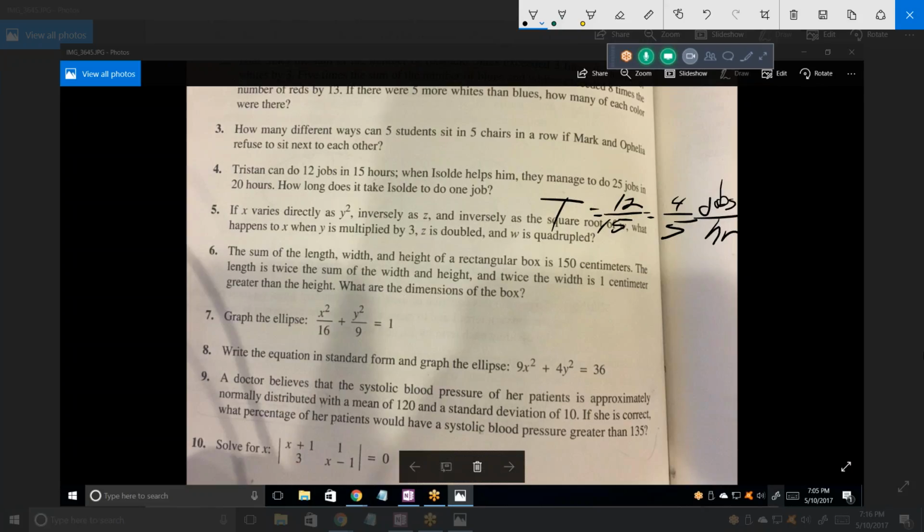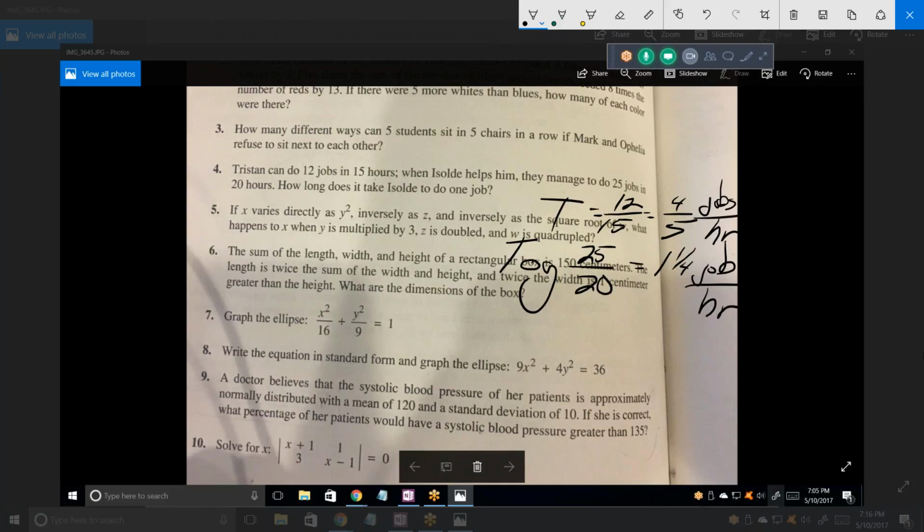When Isolde helps him, they do 25 jobs in 20 hours. So together, they're doing 25 jobs in 20 hours, or 1 1/4 jobs per hour.